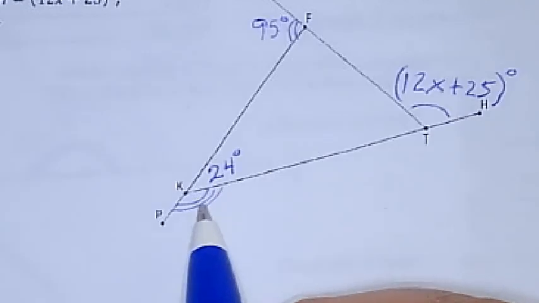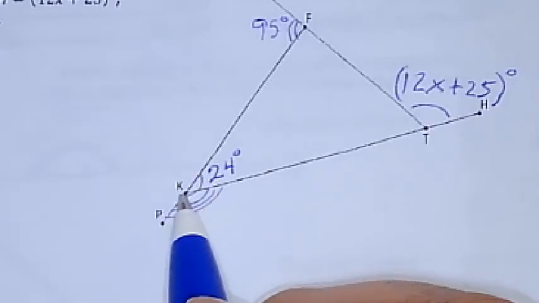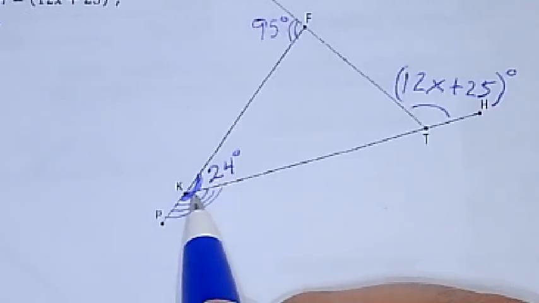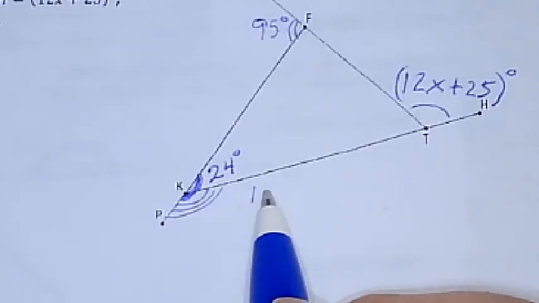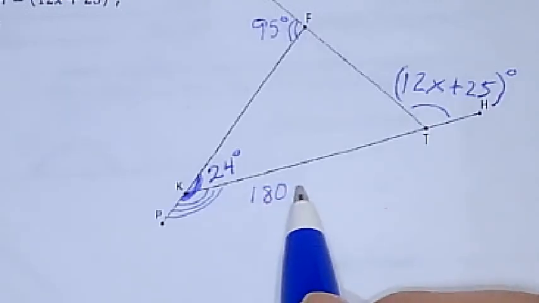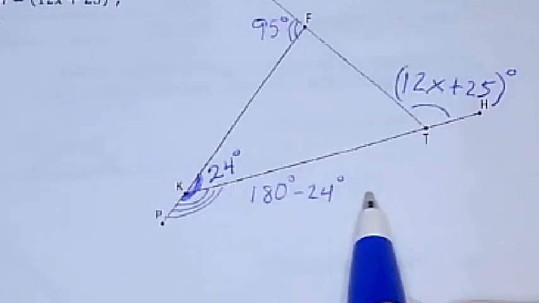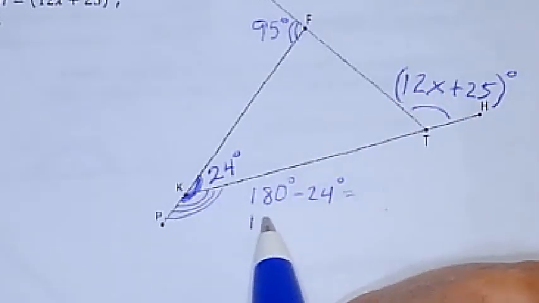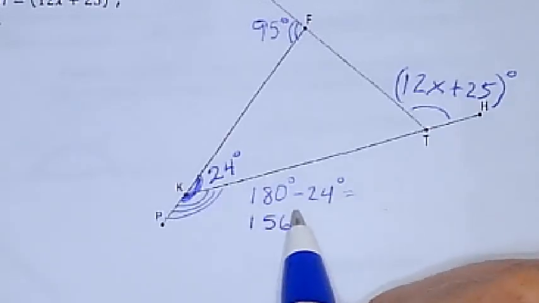And I know that's 24. So to find this angle, if I could just take 180 degrees and minus the 24 degree angle that's interior, what's that going to give me? That's a 156 degree exterior angle.